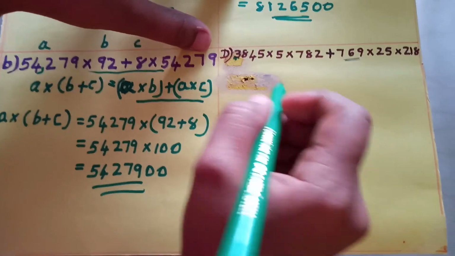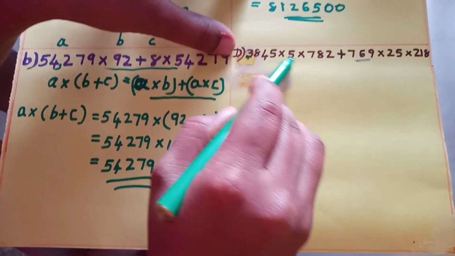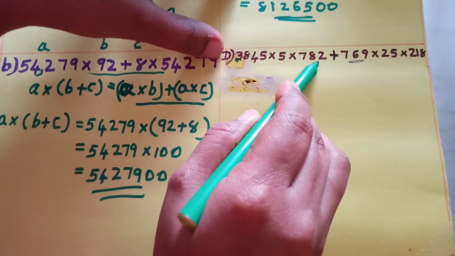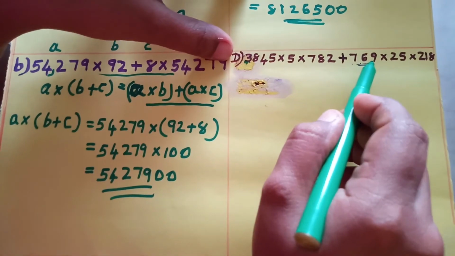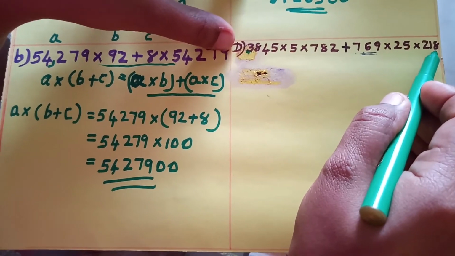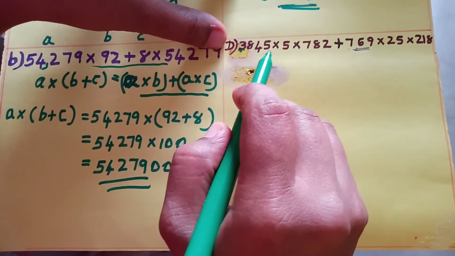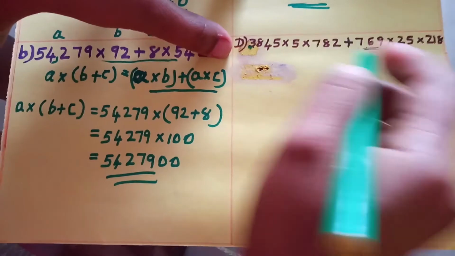In this problem, you can see 3,845 into 5 into 782 plus 769 into 25 into 218. By seeing it, you can't find any common A. So I am joining two numbers here.